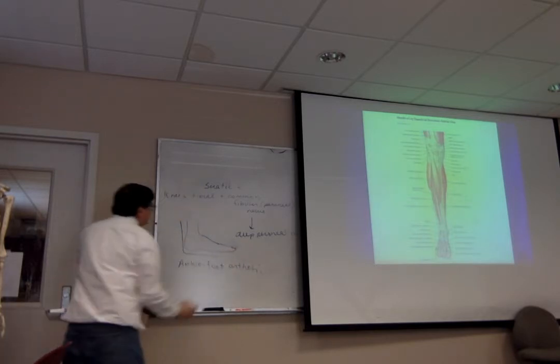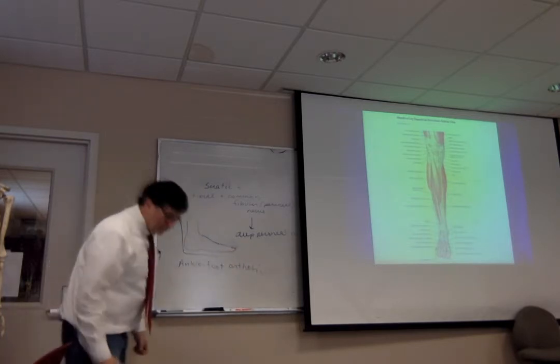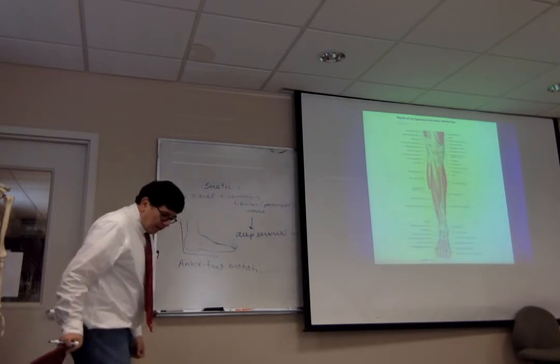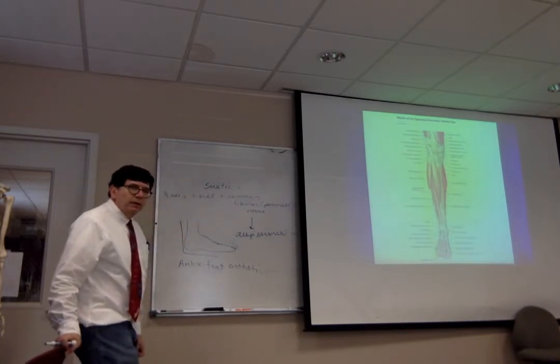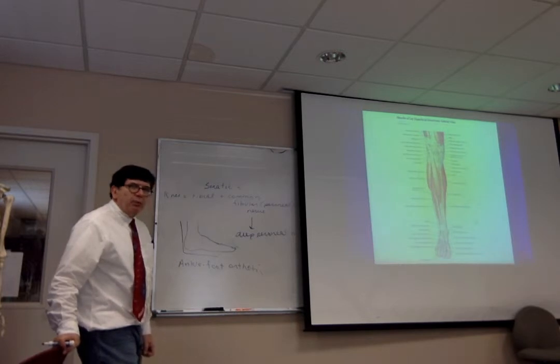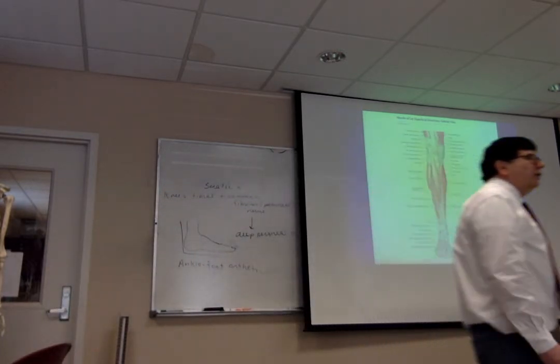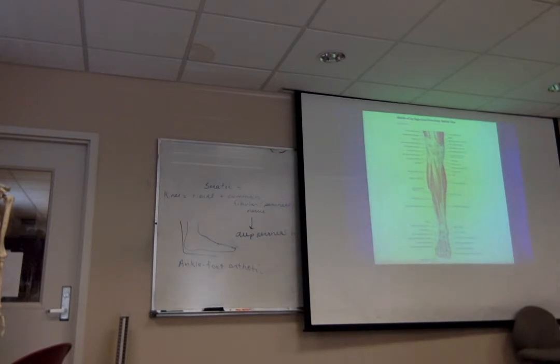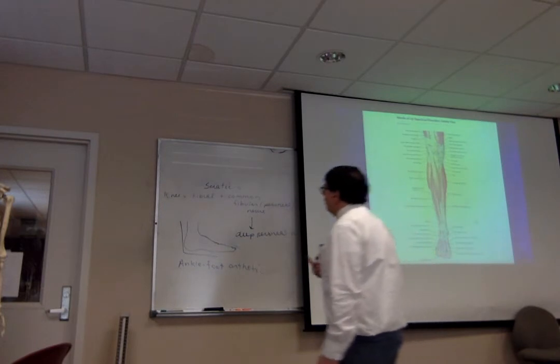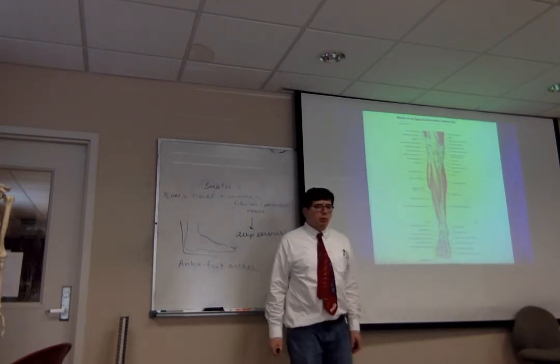So what this AFO does is it keeps the foot at a right angle so that the toes can't drop with walking. Because if the toes drop, you're gonna fall. You can trip over something. They'll never be able to fix that? Usually not. So usually they wear a brace to keep the foot up so that when you walk, it doesn't trip.